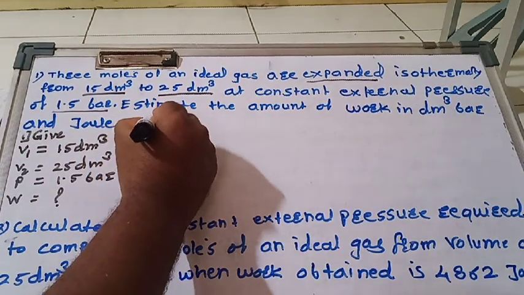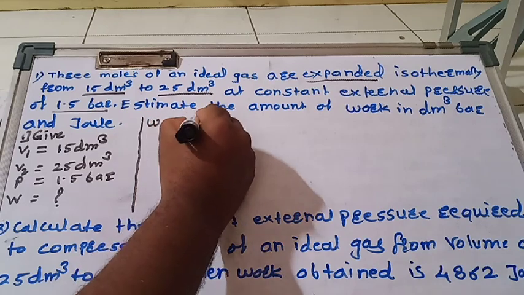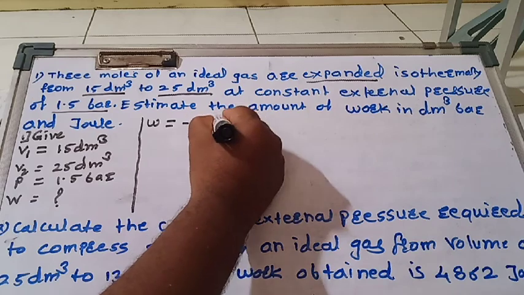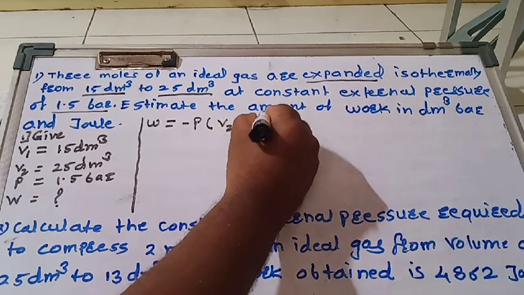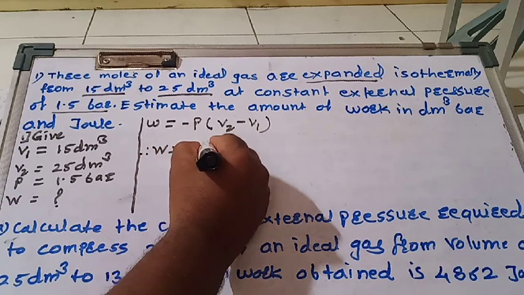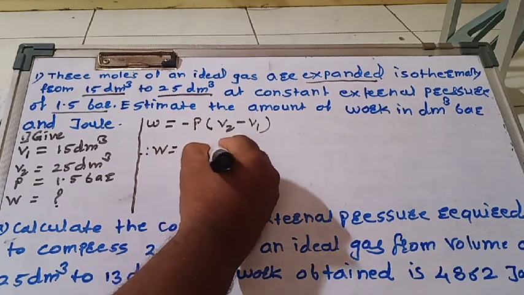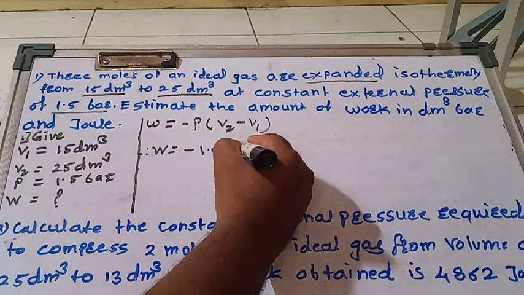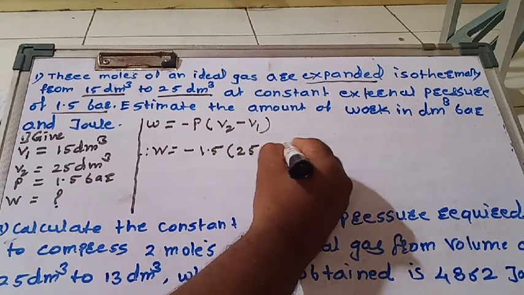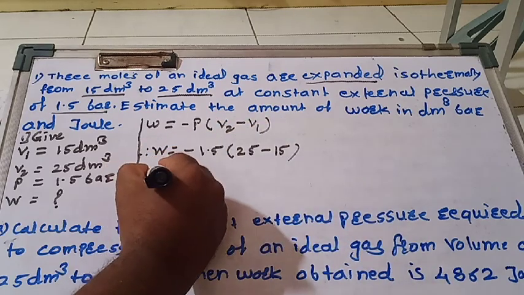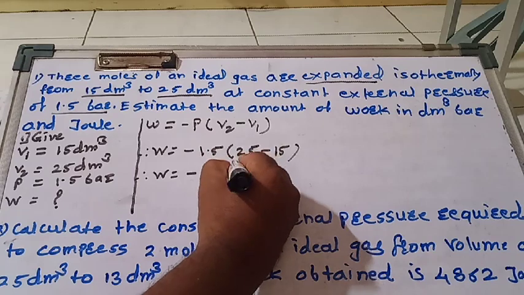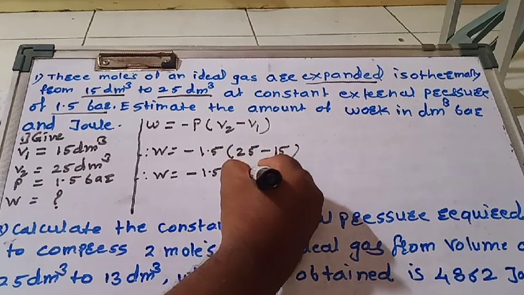So formula is W is minus P into V2 minus V1. Therefore, W is equal to minus P, that is 1.5, into bracket V2 is 25 minus V1 is 15. So W is minus 1.5 into 10.